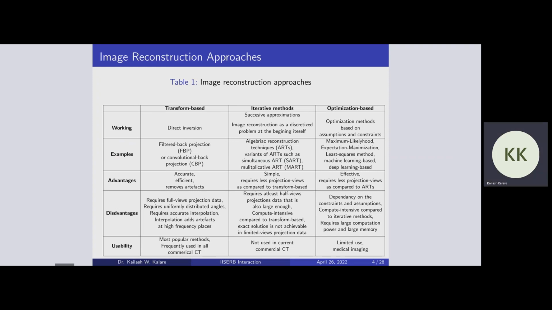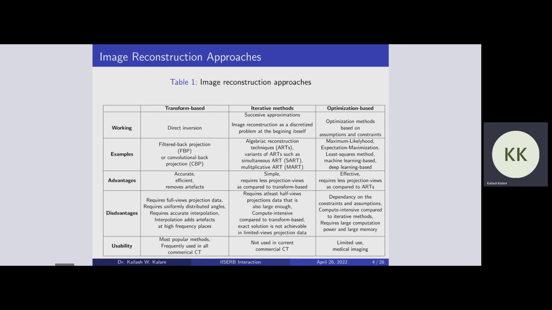Nowadays, machine learning, maximum likelihood, expectation maximization, least square methods, and deep learning methods are also being proposed. These methods are categorized into another type of image reconstruction method called the optimization based methods. These are also effective in terms of the number of projections required.